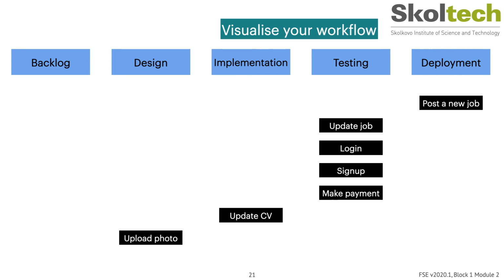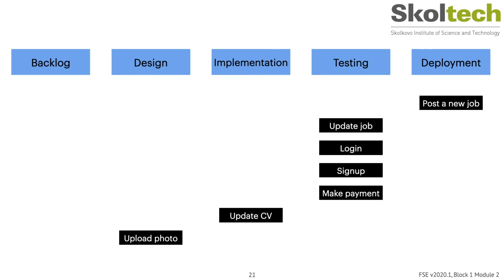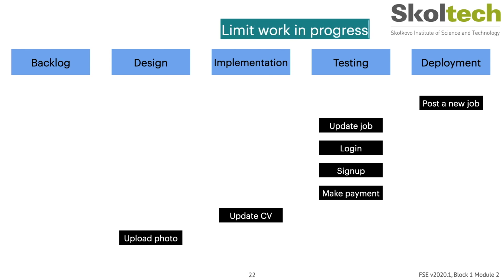As you can see, the problem that may be made easily visible with such a visualization is that a lot of items may pile up at a particular stage, such as the testing stage, causing a potential bottleneck. Thus, Kanban supports an additional feature called Limit Work in Progress that says what is the max number of items that can go to a particular phase.